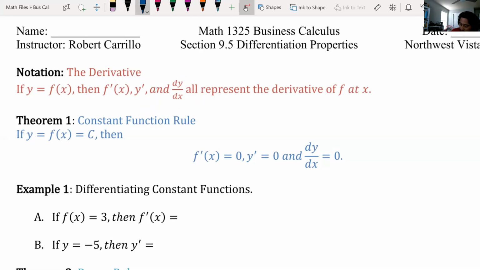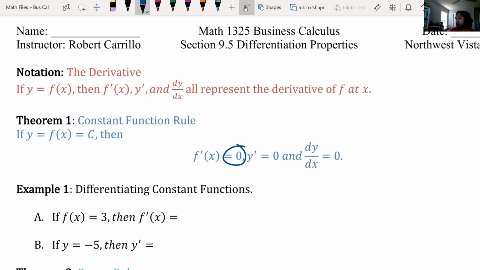Okay. So the first rule for derivatives is the constant rule or constant function rule. So if y or f of x equals some constant c, then the derivative of any constant is going to be 0.